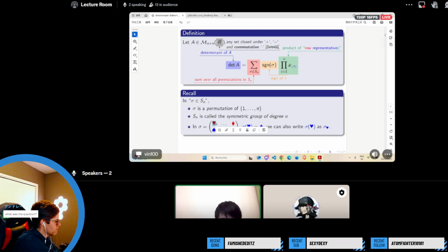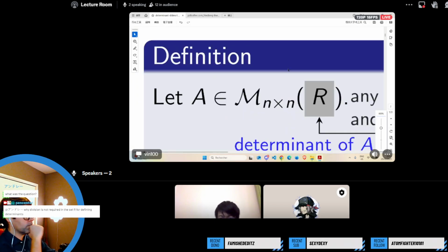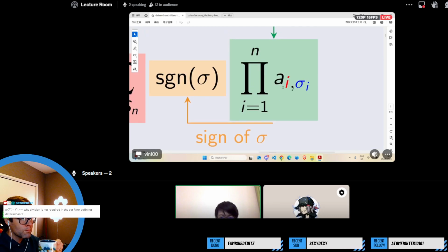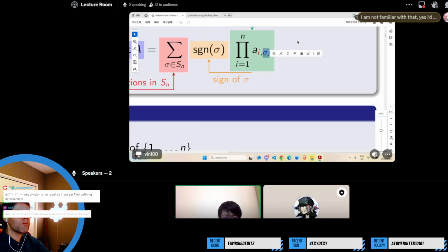To help you focus, I will use the red color for the input here. Here, I will try using the red color for the input for this i, and then the blue color for this sigma i. And then sigma is a permutation.